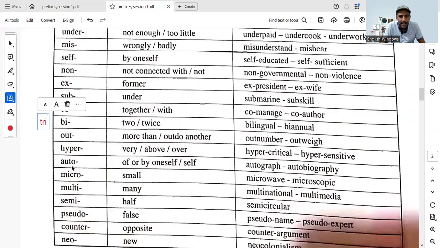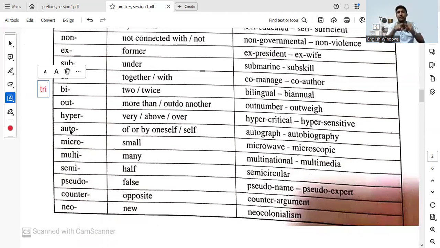Okay, so next we have auto. Auto, it's very simple. It means it does something by itself, okay? Like autograph. I mean, it refers to oneself, right? Sometimes we say automatic, right? Sometimes autograph or autobiography.